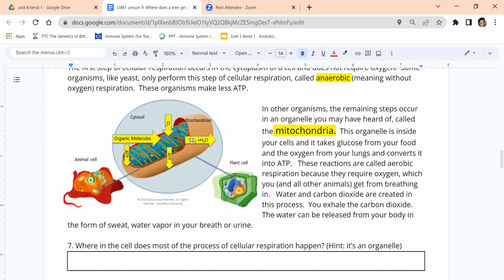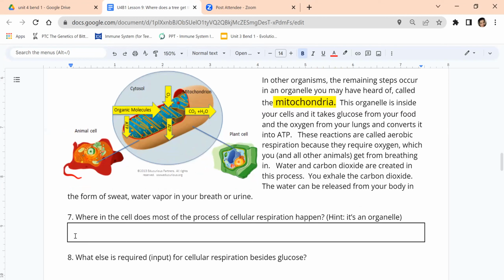So this is why we exhale carbon dioxide, because when the glucose is broken down with the oxygen inside these mitochondria, carbon dioxide and water are released. And so we breathe out carbon dioxide because of this process. We also release water through sweat and in our breath sometimes, and in our urine.